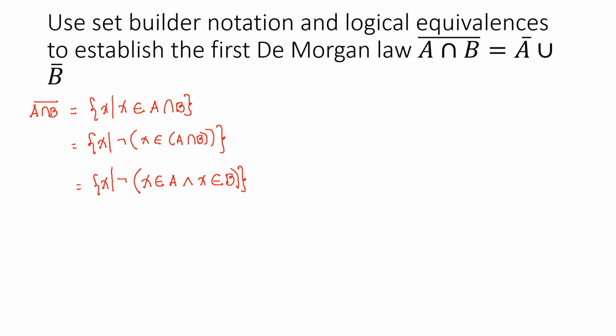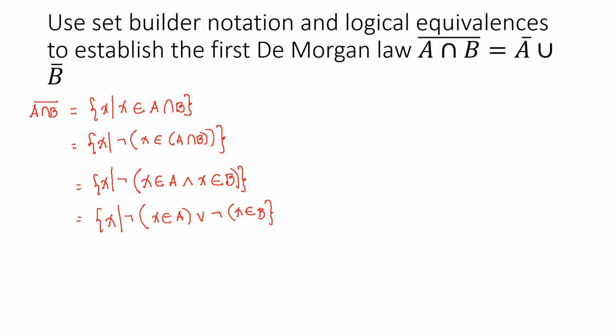If that is the definition of intersection, then you could also have a set of X such that it is not that X is an element of A or it is not that X is an element of B. So this is actually the first De Morgan's law of logical equivalence, if you can still remember the previous discussion that we had.